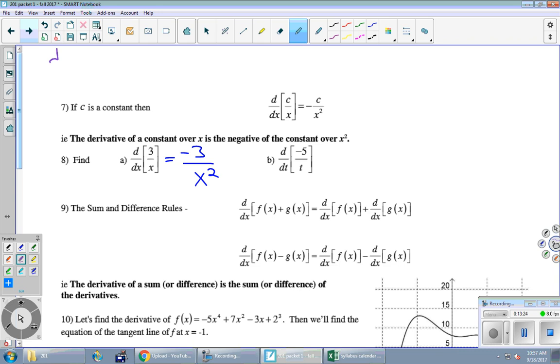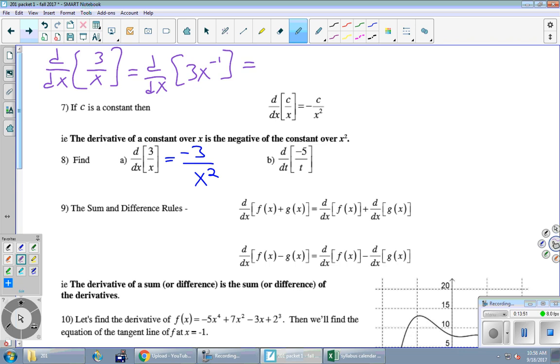So for example, suppose that we started up here and we tried this thing without our shortcut. Would you guys buy this is the same as the derivative of 3x to the negative 1? Right, x on the bottom is the same as x to the negative 1 up on top. And then we know that the 3 is a constant multiplier, so we can just let that hang out in the front.